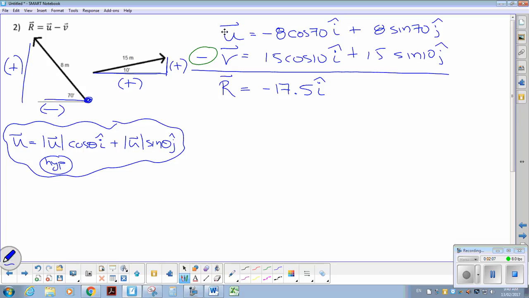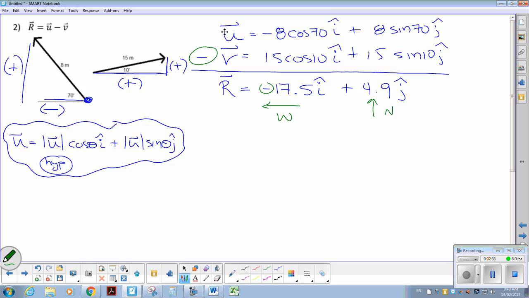On the other side, 8 sine 70 minus again 15 sine 10, and I get a positive 4.9 j. Because of this negative sign, it's going to be facing west, and this is positive, so it's heading upward, or north.